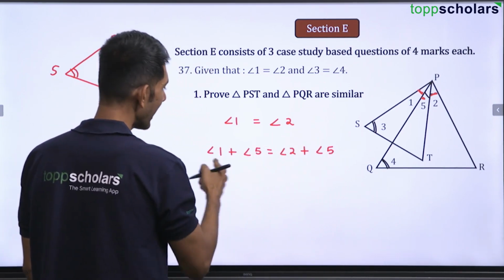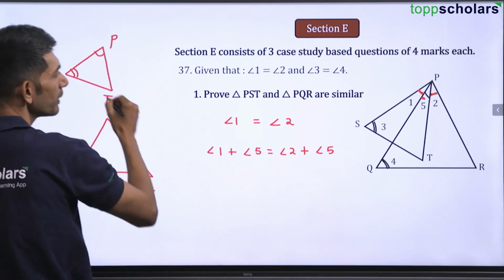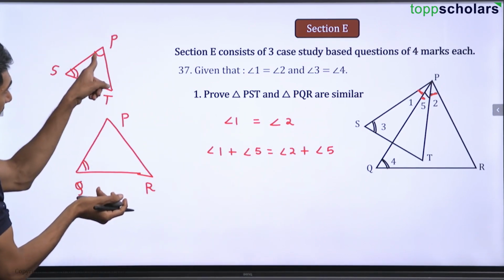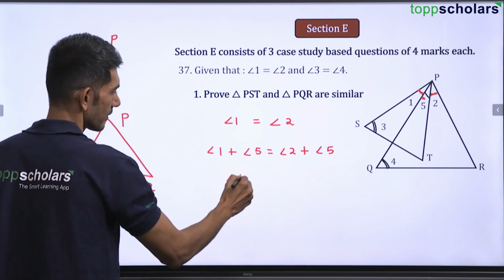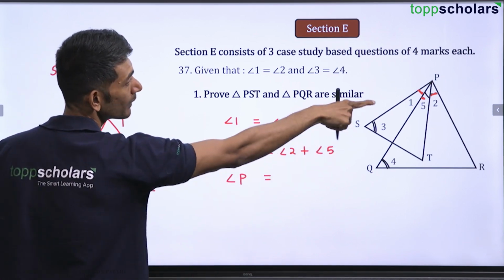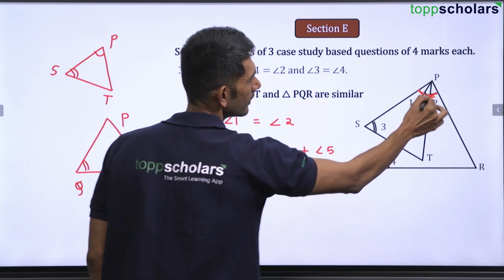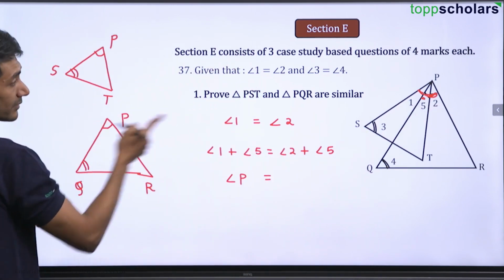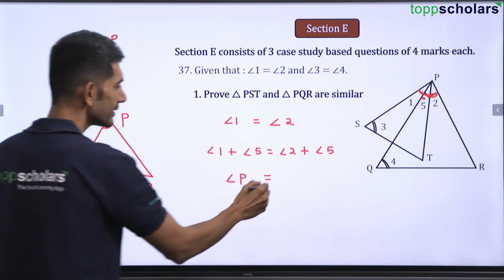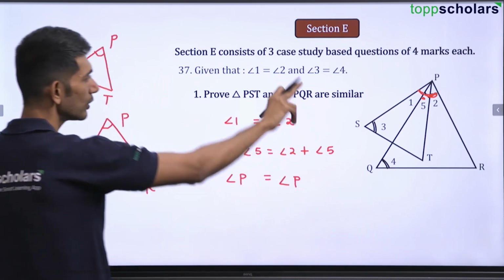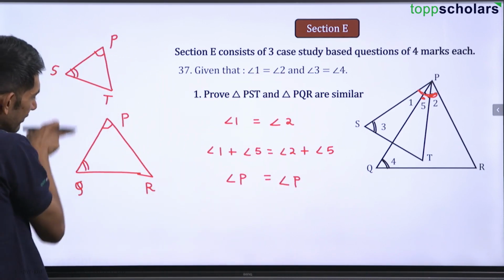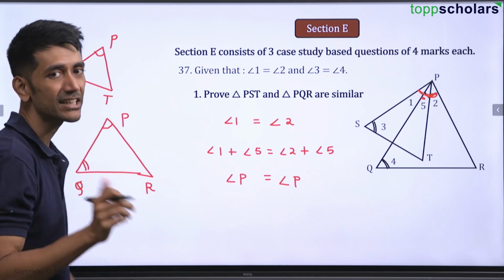So can I say angle 1 plus angle 5 is going to give me this P, and angle 2 plus angle 5 is going to give me this P, check. So that's it, we have proved it. This P is equal to this P, and S is equal to Q is already given. AA test of similarity.